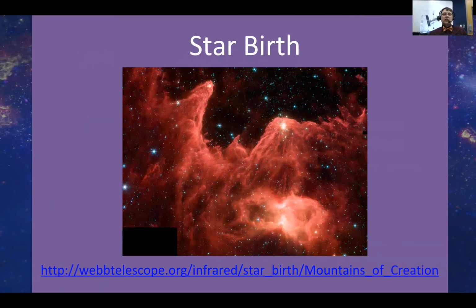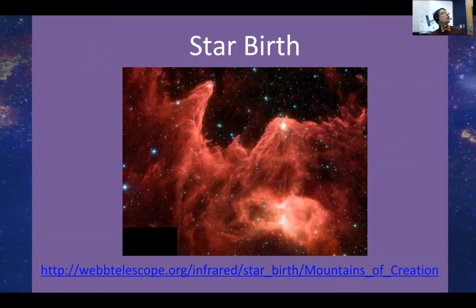So there are lots of different stellar nurseries where stars are being born up there in the night sky. Many of the nebula out there are where dust and gas are forming stars. In this particular picture, called the Mountains of Creation, there are young stars that are creating forces that are acting across light years to push dust and gas away from them.